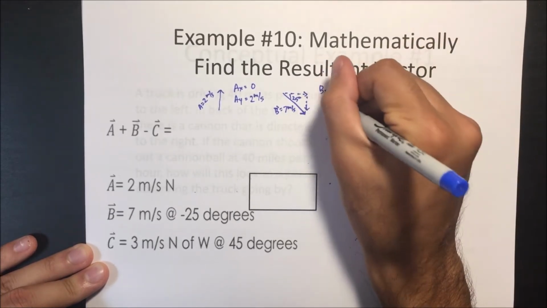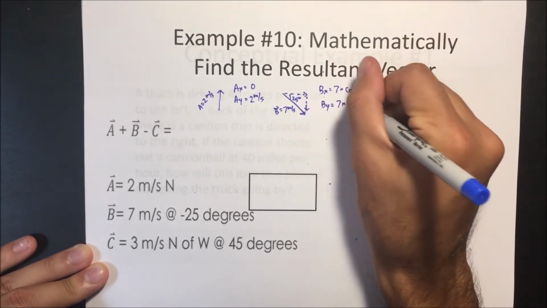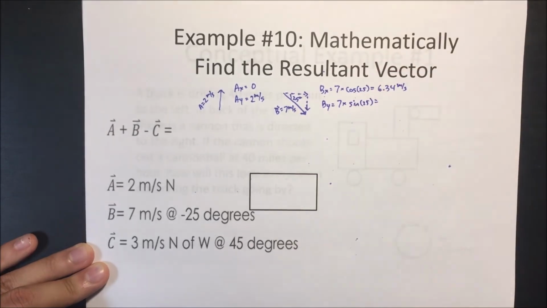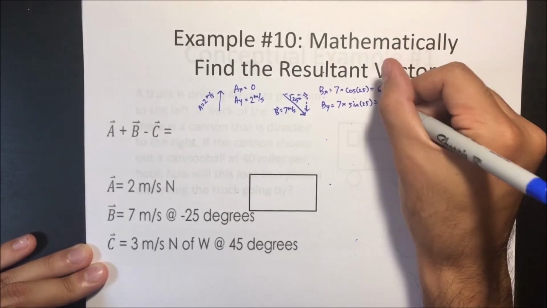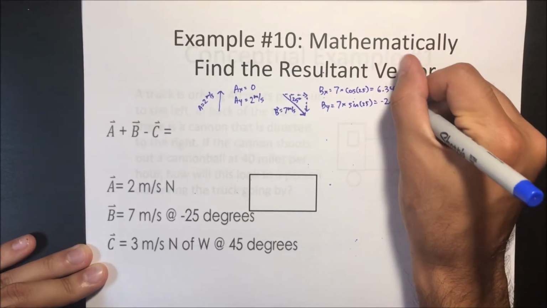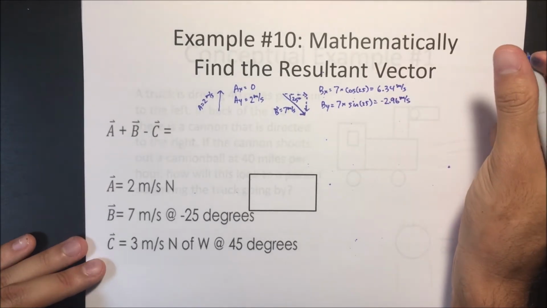And in the y direction, we're going to do 7 times sine of 25, which is going to give us 2.96. However, again, we are going downward, so negative 2.96 meters per second.